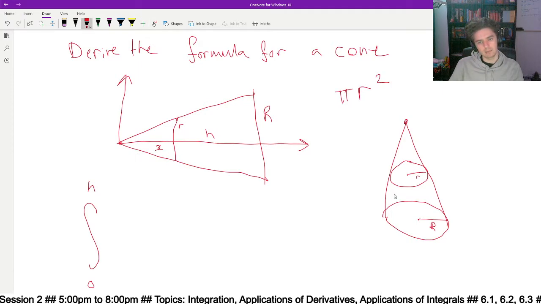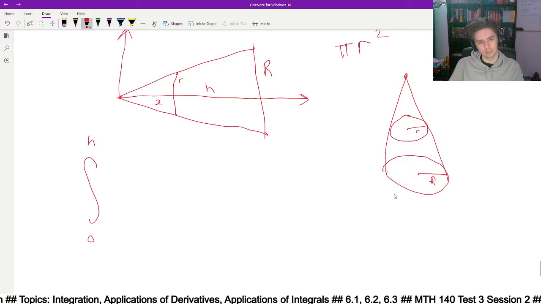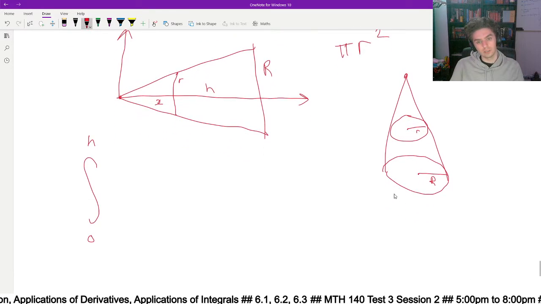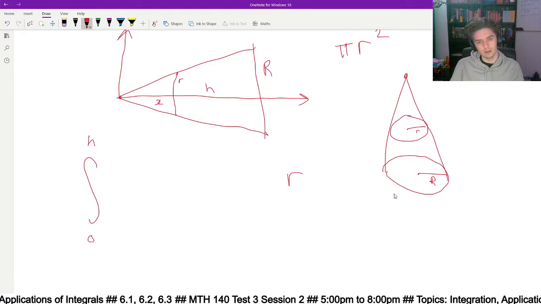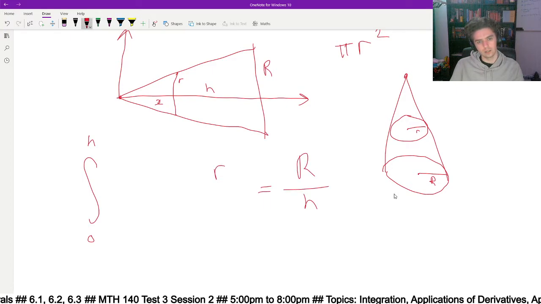So I need an expression for that radius in terms of x, because we're integrating across x, right? So I can just use the ratios here. Big R to h equals little r to x.